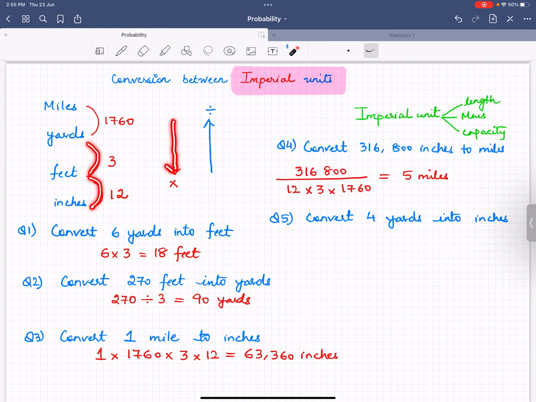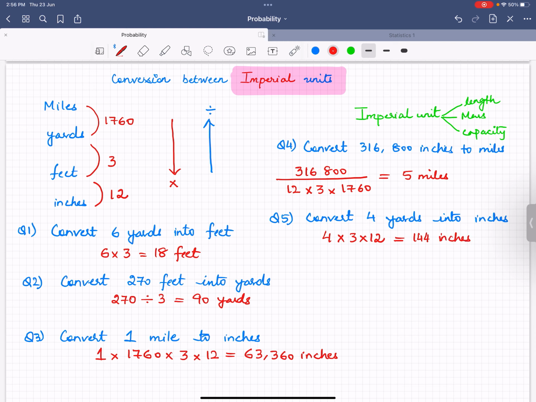When we go down, we multiply, and since we are going from yards to feet, we will multiply by the number 3 and 12. So we have to convert 4 yards, therefore 4 multiplied by 3 and multiplied by 12. And therefore the answer is 144 inches.